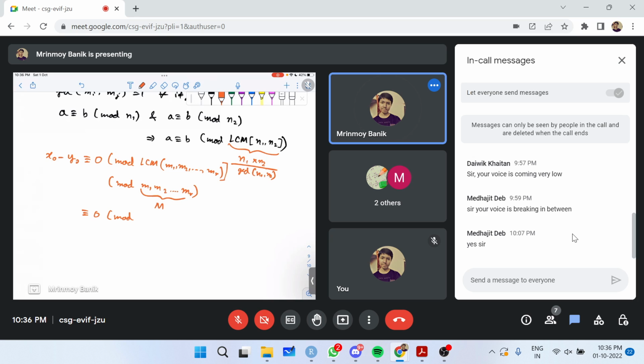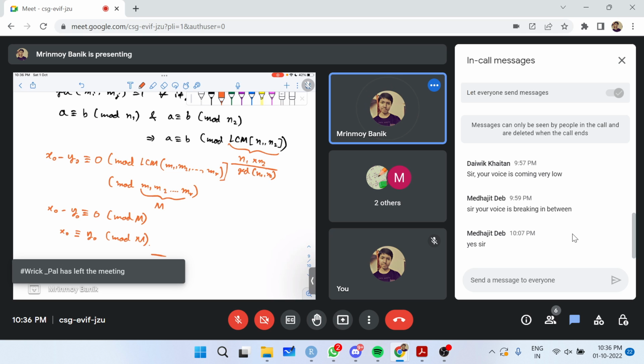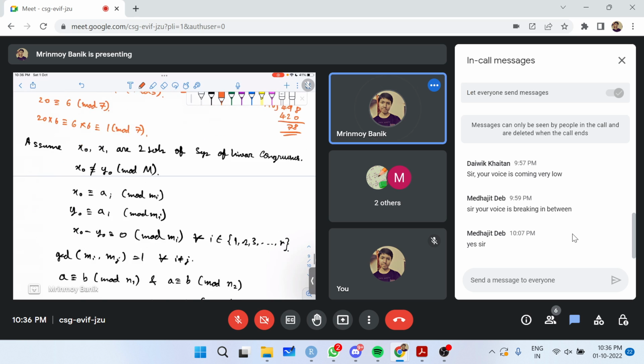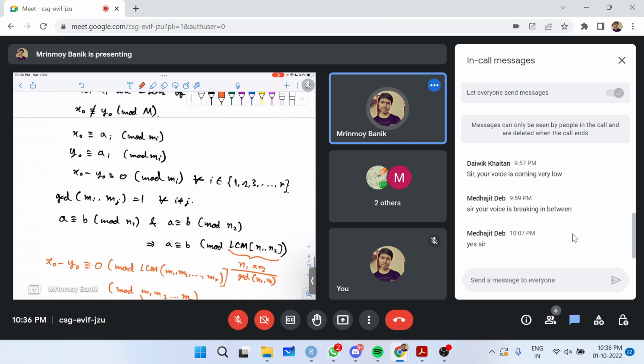So x naught minus y naught is 0 mod n. You can take y naught to the right, so x naught and y naught are congruent mod n. That ends the proof and shows why they're congruent modulo n. So the solution is unique modulo n.